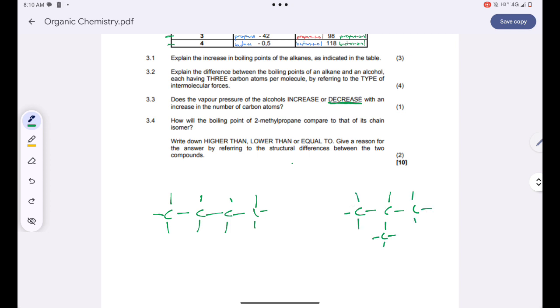Okay, write down higher than, lower than, or equal to, and give a reason for the answer by referring to the structural difference. Methyl propane, its boiling point will be lower than that of a chain isomer. Why? Because methyl propane is branched and its chain isomer is just a straight chain.